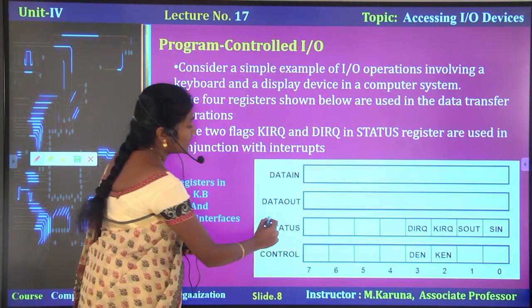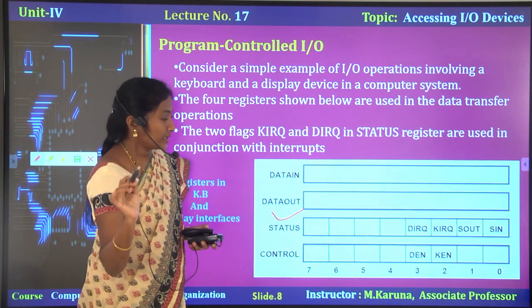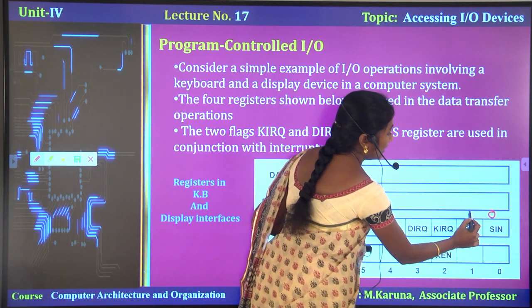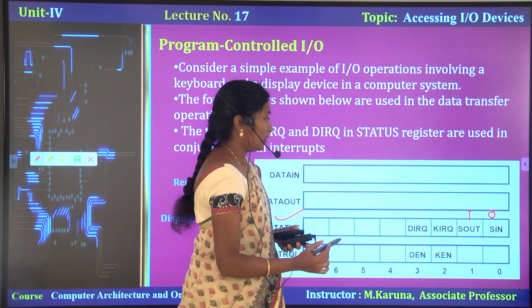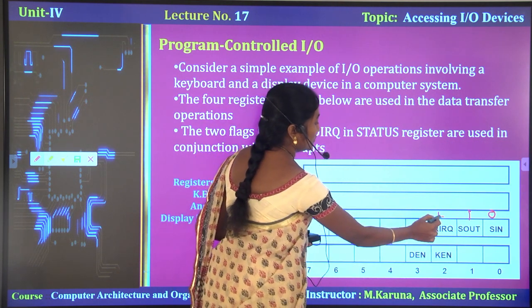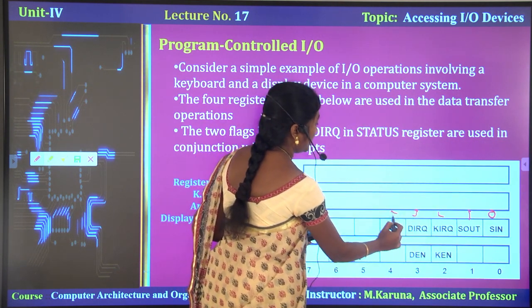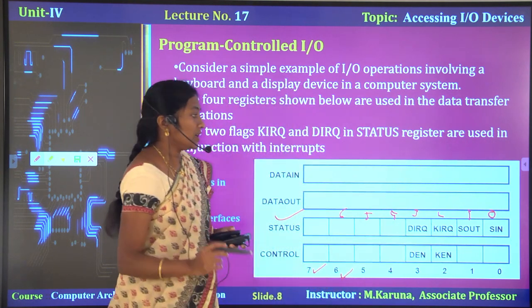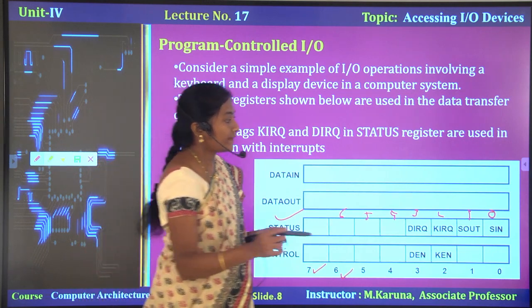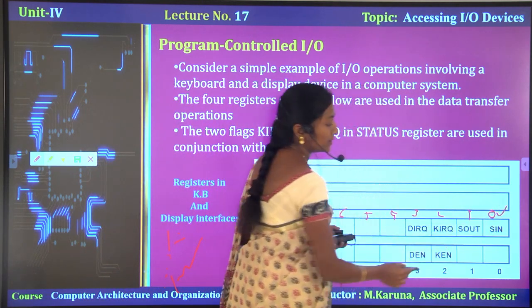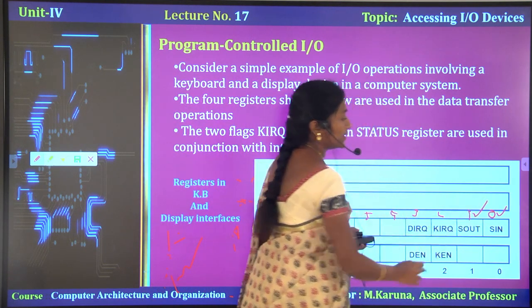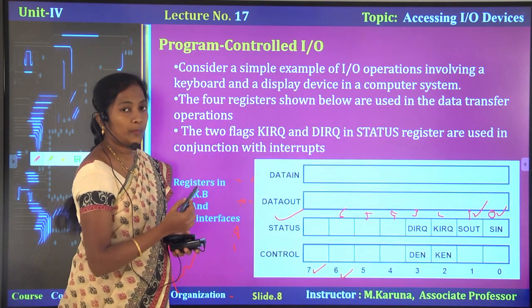The status register contains the status bits SIN and SOUT, bits 0, 1, 2, 3, 4, 5, 6, likewise 7. The SIN status is available at the 0th bit, and the SOUT status bit is available at bit 1. Remember that point.